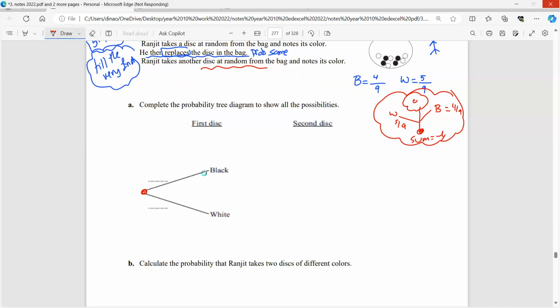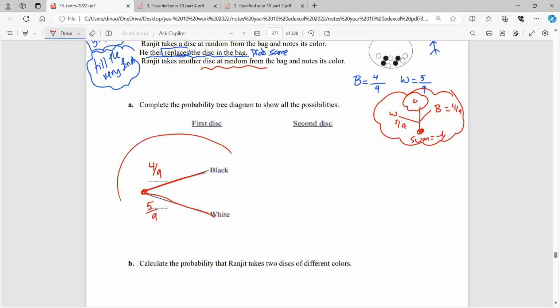So here we write 4/9 on the black and 5/9 on the white. Now this is one tree. The sum of the tree must be equal to what? To 1. And if we notice, 9 minus 5 is 4, because we said before that the sum of the probabilities must be equal to 1.